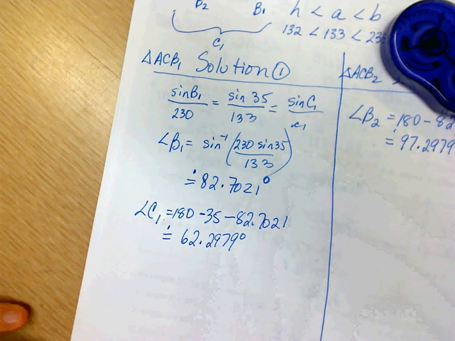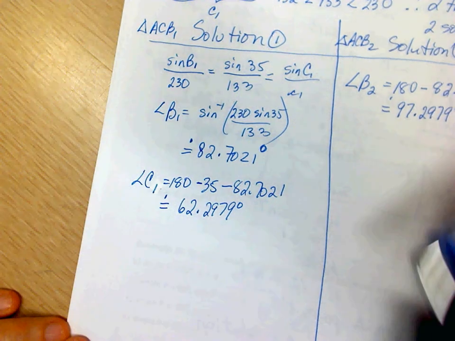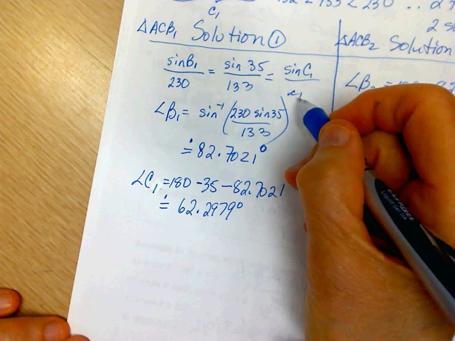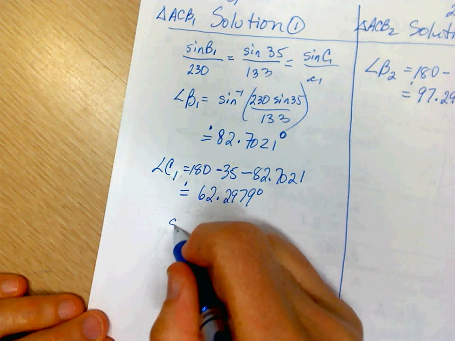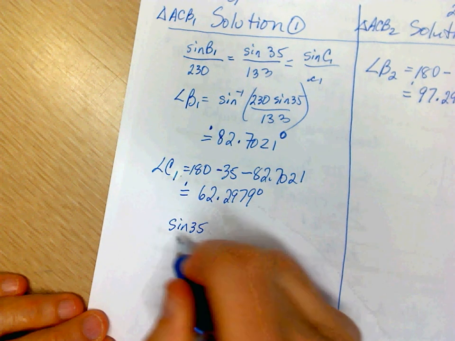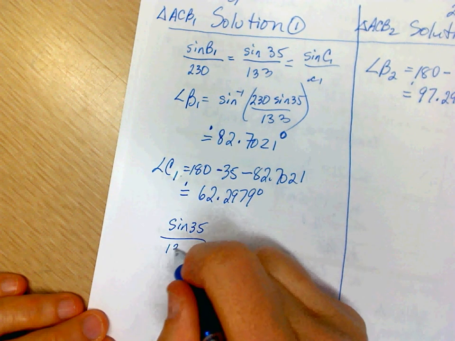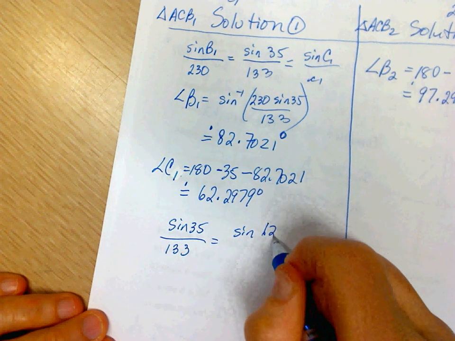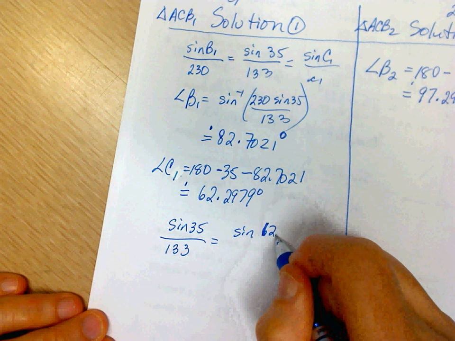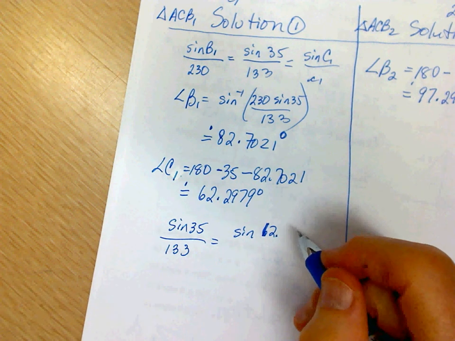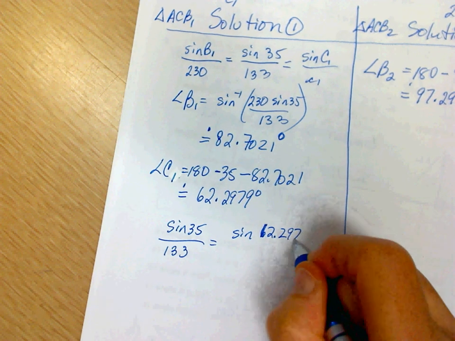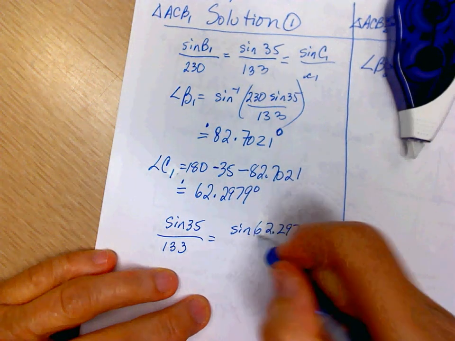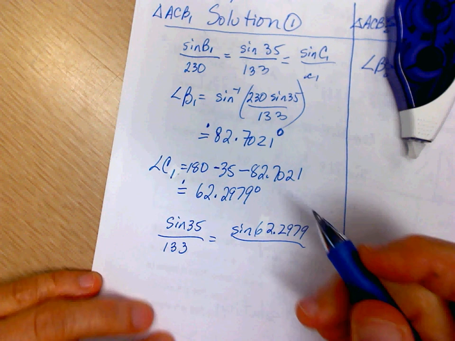Now we can calculate this little guy. So we have sine of 35 over 133 equals sine of 62.2979 over C1.